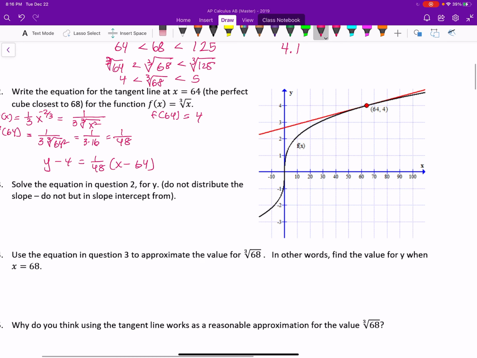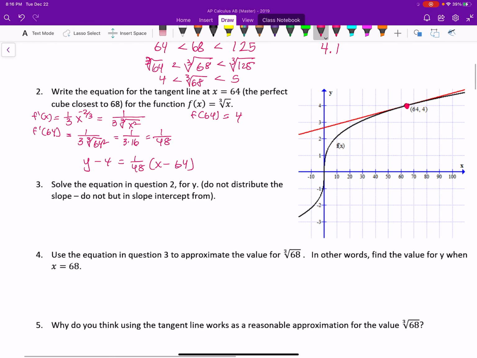So in this particular case here, we are going to do the tangent line, and I drew that in here in the figure on the right-hand side. So what this means is that I have the tangent line here at 64. The next step is asking you to solve for y. So without putting it in slope-intercept form, do not distribute. You don't want fractions and messiness.